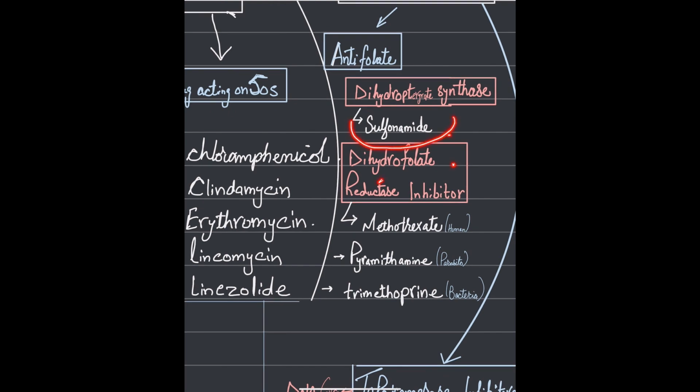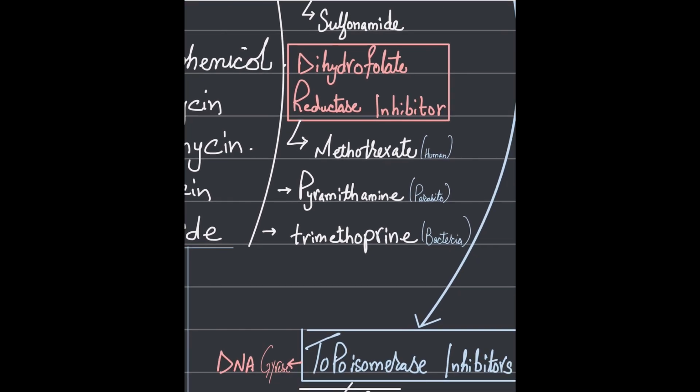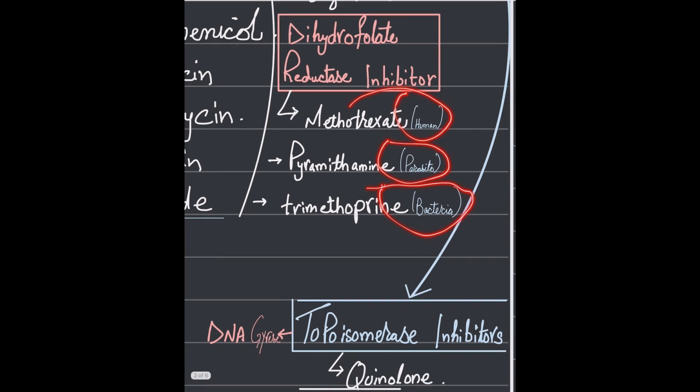The only drug here is sulfonamide. For the dihydrofolate reductase inhibitors, the first is methotrexate, then pyrimethamine and trimethoprim. What we have to understand is that methotrexate acts on humans, and these other drugs act on parasites. We can use these drugs for bacterial infections.